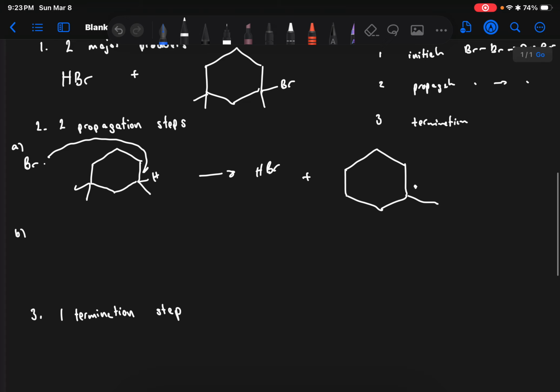The second one will just be this radical finding another bromine radical, combining together, and leaving another bromine radical. So I'm not sure if you're able to notice, but here we have one radical on this side and one radical on this side. That's how you know it's a propagation step, and that's how you know you did it correctly.